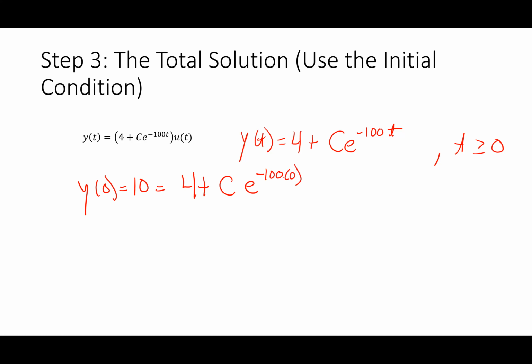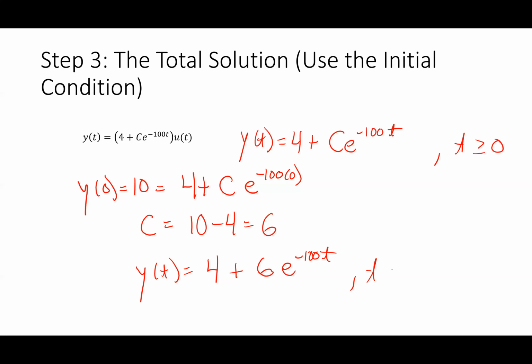What's e to the negative 100 times 0? 1. So I end up with c is equal to 10 minus 4, or 6. So I end up with the fact that y of t is equal to 4 plus 6 e to the negative 100t for t greater than or equal to 0.